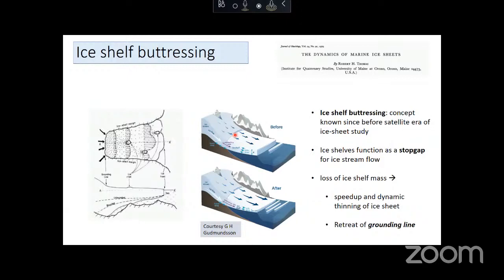Thinning starts to happen, so that's loss of the ice sheet. And also, if it thins enough, the grounding line, the point at which the ice goes afloat, can start to move inland. So that on its own can cause loss to occur from the ice sheet, but that can be compounded a little bit.